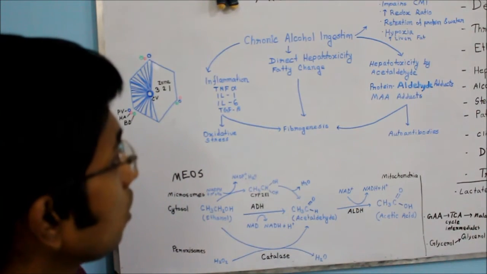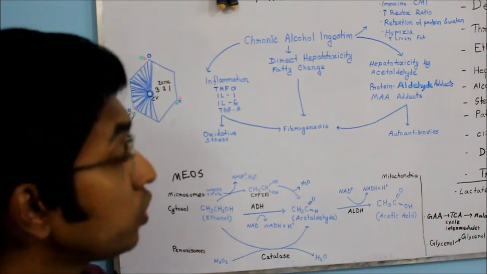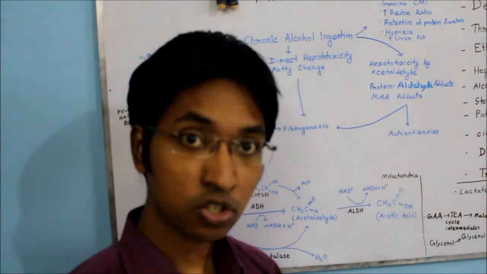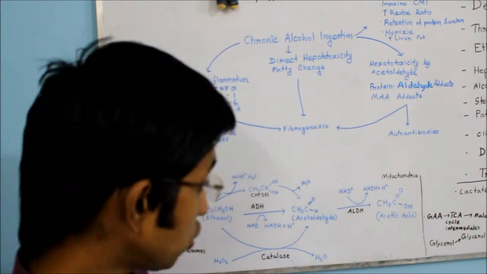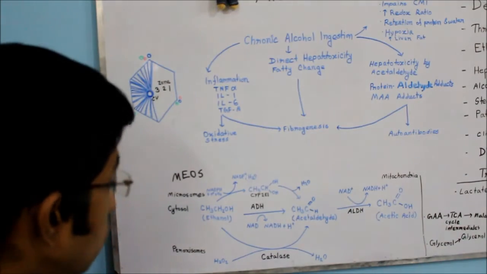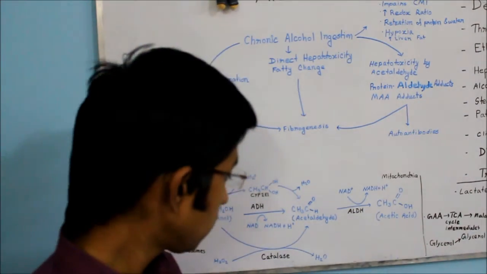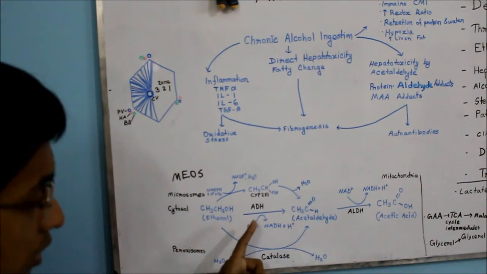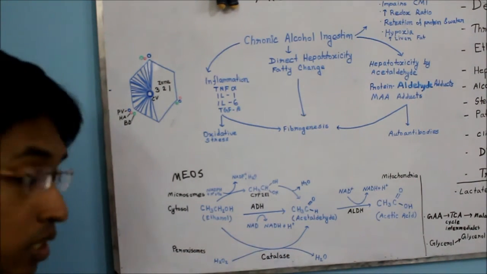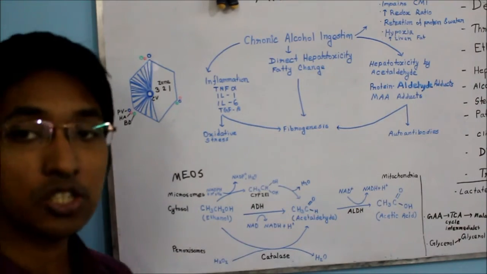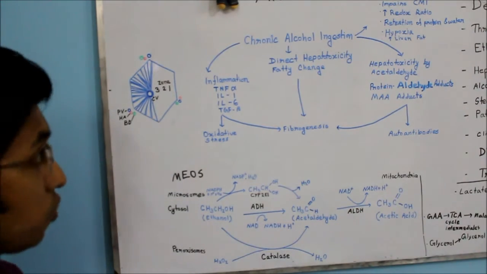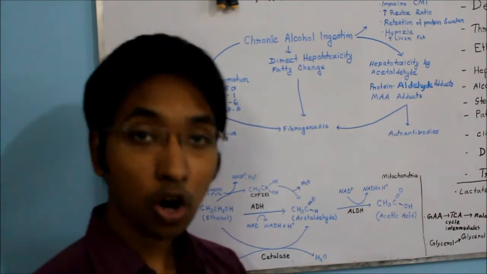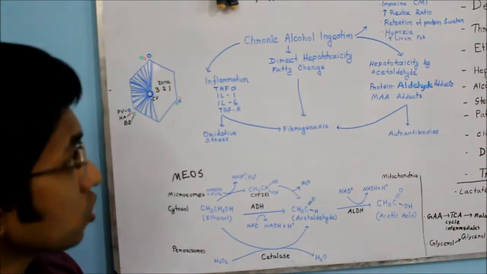Similarly, alcohol will increase the redox ratio. We talked about this in the previous lecture, where we saw that during alcohol metabolism, the amount of reduced nicotinamide adenine dinucleotide, which I have written as NADH, was increased, and that will alter the redox ratio.